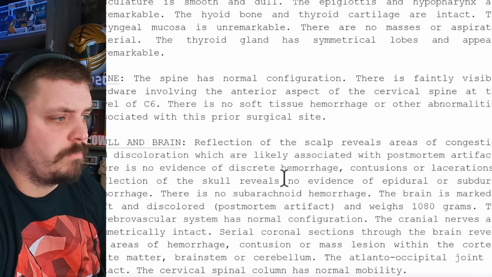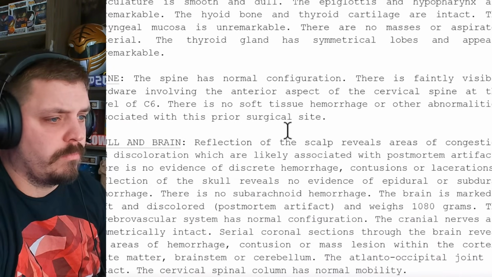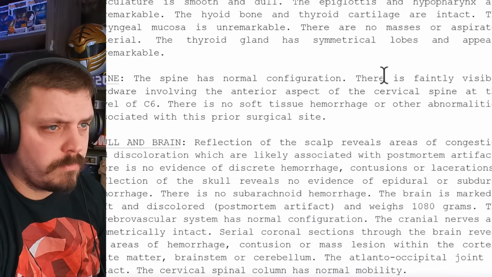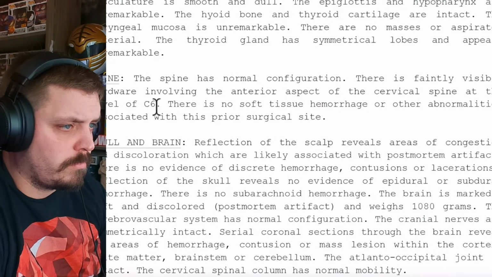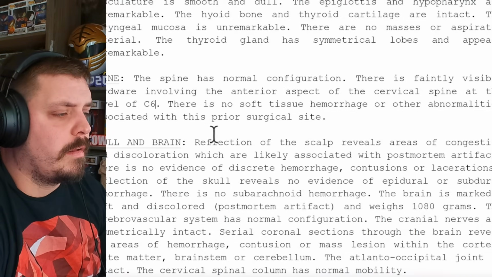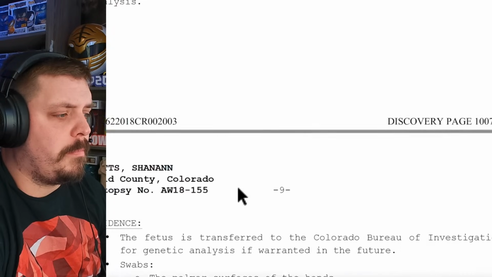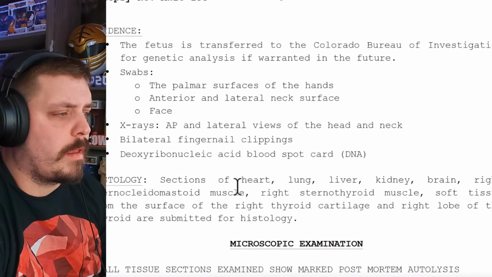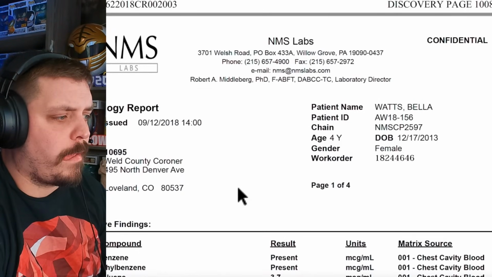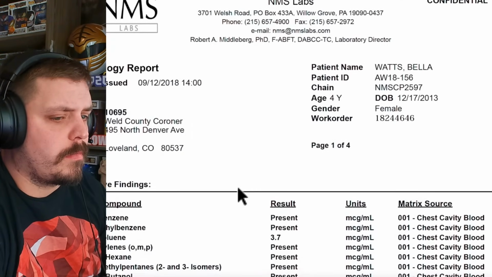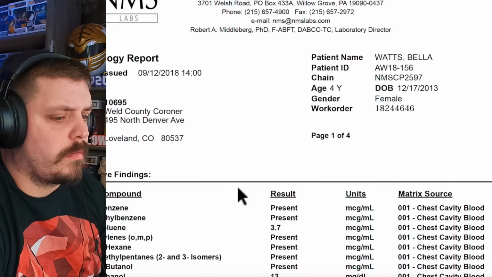But if you look at the internal examination of her upper spine, you will notice that there is faintly visible hardware. So that's where she had her neck surgery. C6 is in the neck. I think that will be why the external scar wasn't evident. Okay, so those are just some things that have come up relating to Shanann since I made my video.